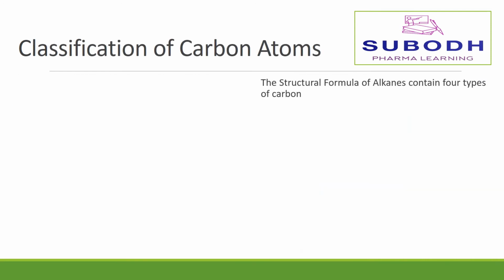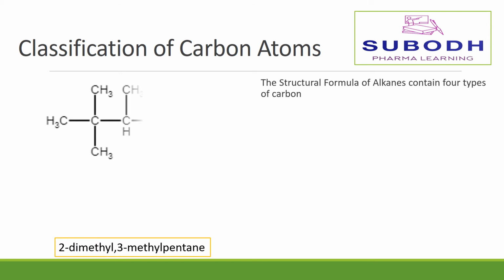Now we will see the classification of carbon atoms in alkanes. See, the structural formula of alkane contains four types of carbon. The example compound is 2,2-dimethyl-3-methylpentane, as the longest chain contains 5 carbon atoms.